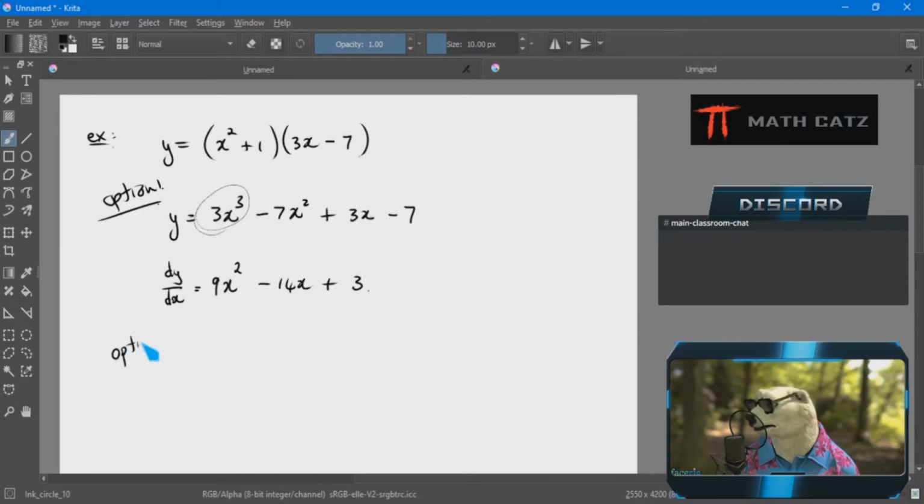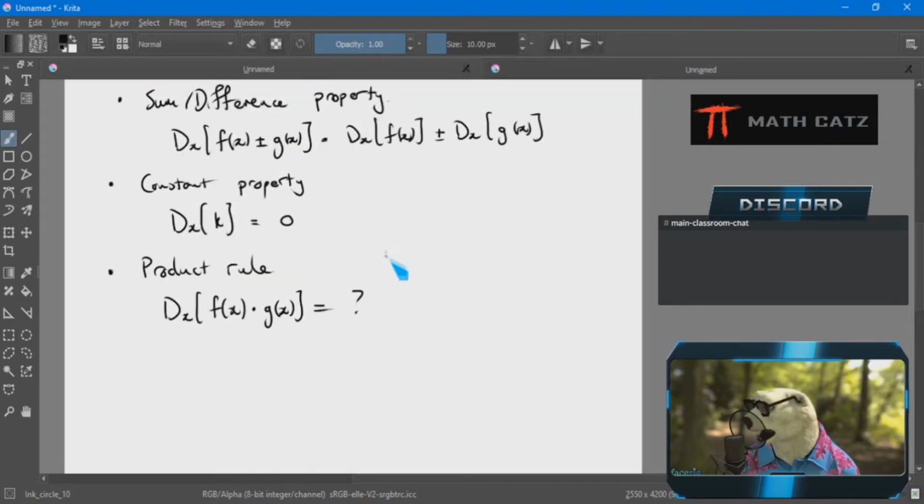Is there another option? Now let me make it clear. Yes, there is. I would have to be sure where this comes from. Now, I'm not going to do the whole thing because we don't need to. It sidetracks us a little bit.